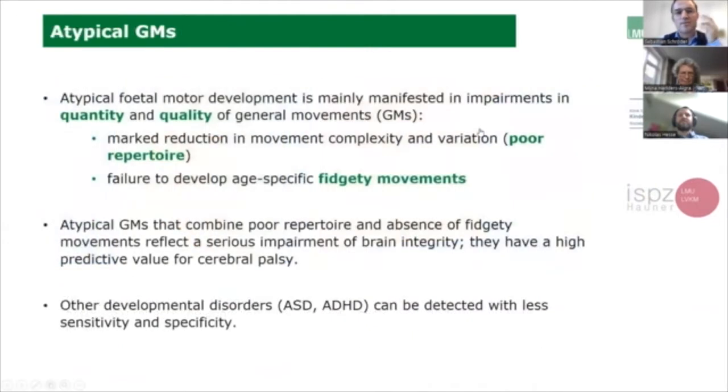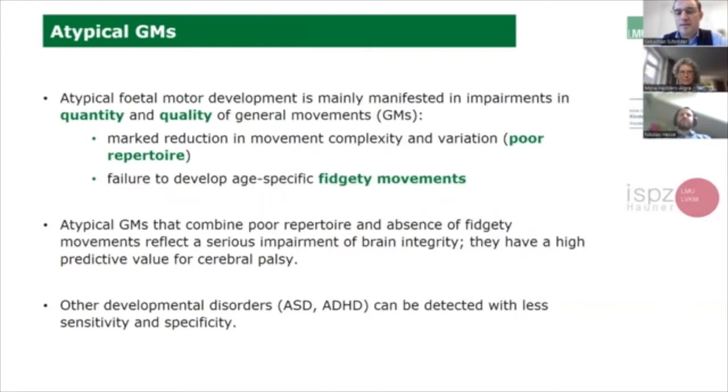So to summarize this one more time, the atypical GMs are manifested in impairments in quantity and quality of these general movements. And that means that there is a marked reduction in movement complexity and variation, which is called a poor repertoire, but also a failure to develop age-specific movements.